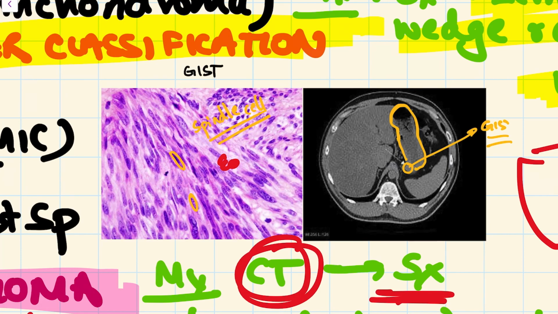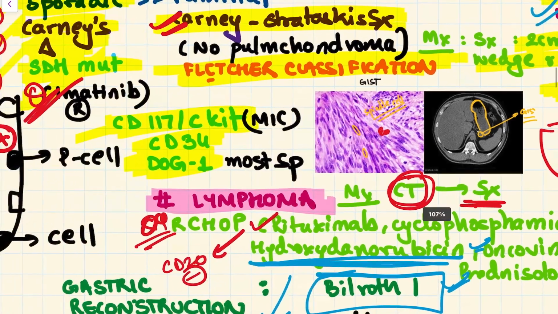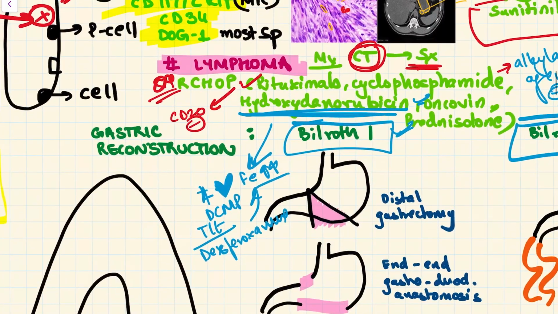And we can also see some mitotic figures as well. Based upon the number of mitotic figures, it is classified as a benign or typical GIST, and an atypical or malignant GIST, right? Mostly they are benign only.